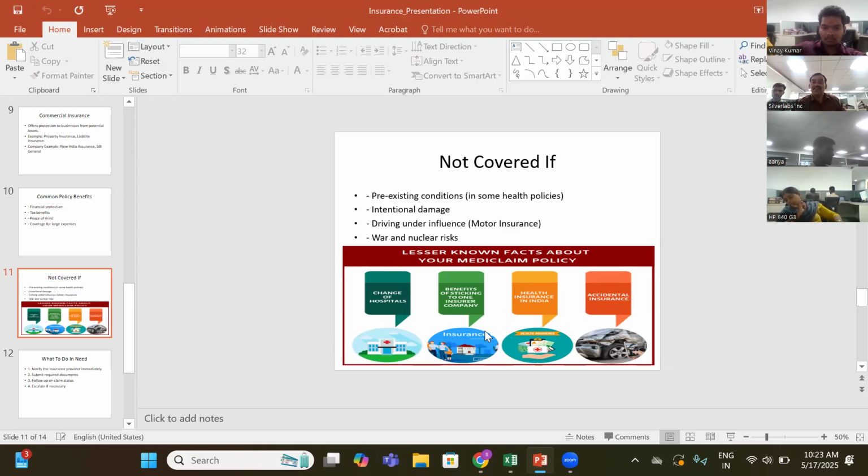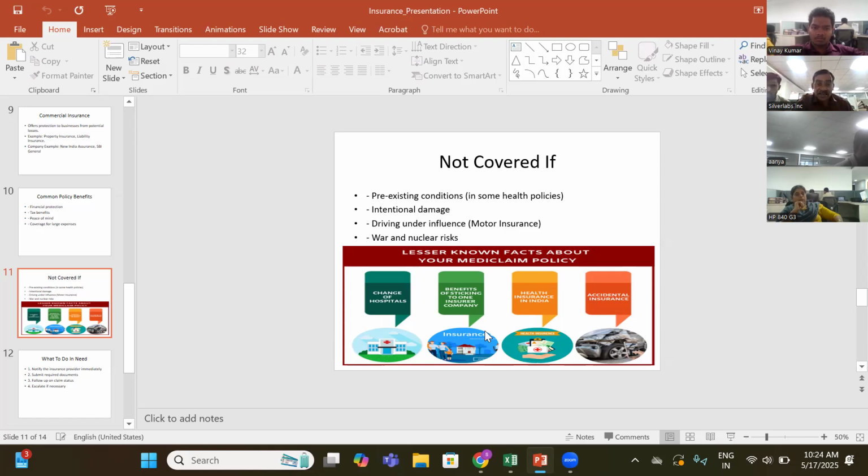These diseases existed before he took the policy. The insurance company will clearly specify in the document that this policy is issued only for diseases which are not pre-existing in nature. It will be mentioned by the insurance company in the document before they issue the policy to the upcoming policyholder.